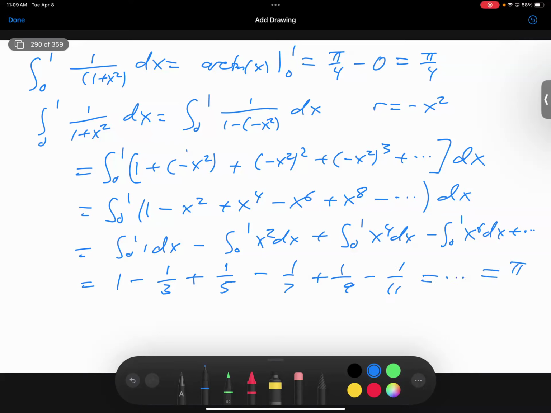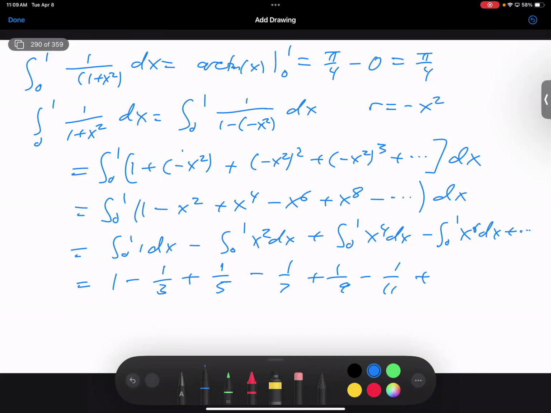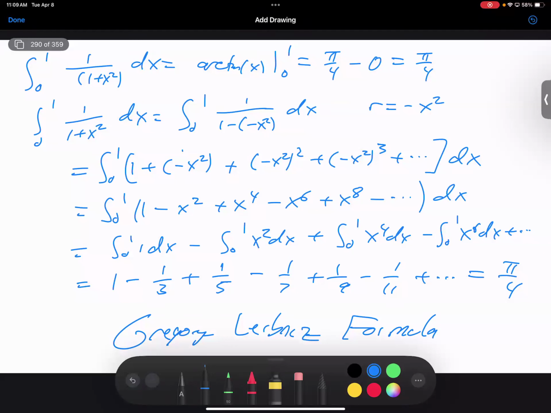And that's just, oops, I don't need to have 2 equal signs. So this is the Gregory-Leibniz formula. It's a slow formula to find pi, but it is a formula to find pi. You can justify this.